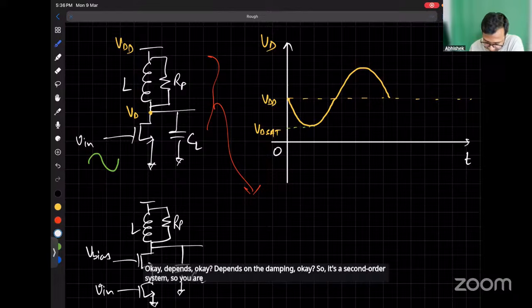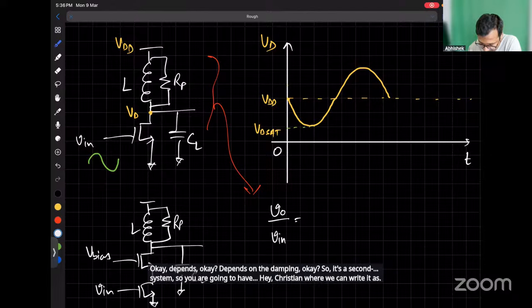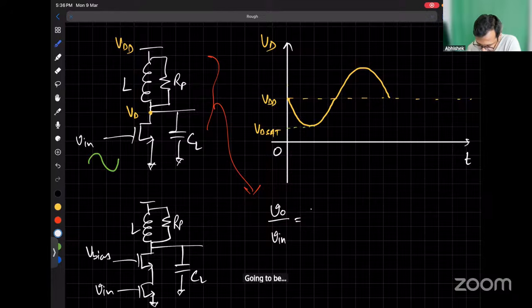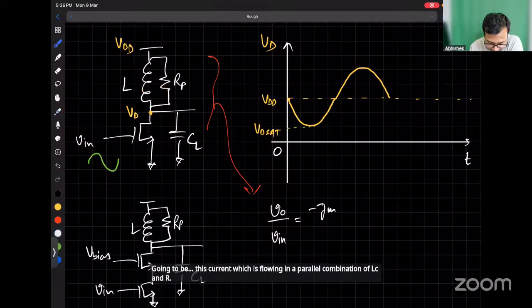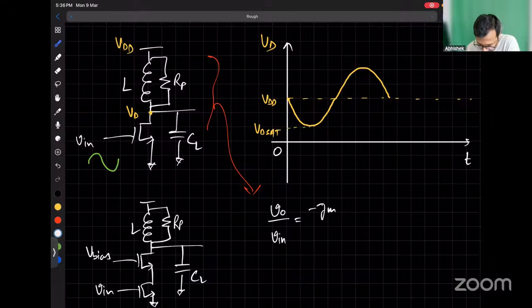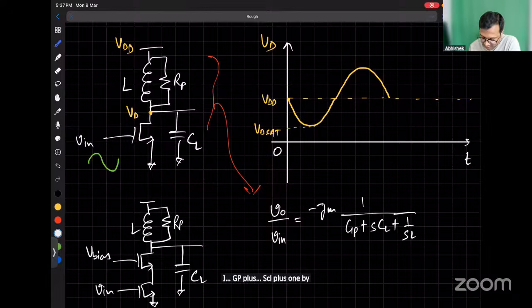So you are going to have an equation where we can write it as the current which is flowing in a parallel combination of L, C, and R. So you will have I over (GP + SCL + 1/SL), this kind of transfer function.